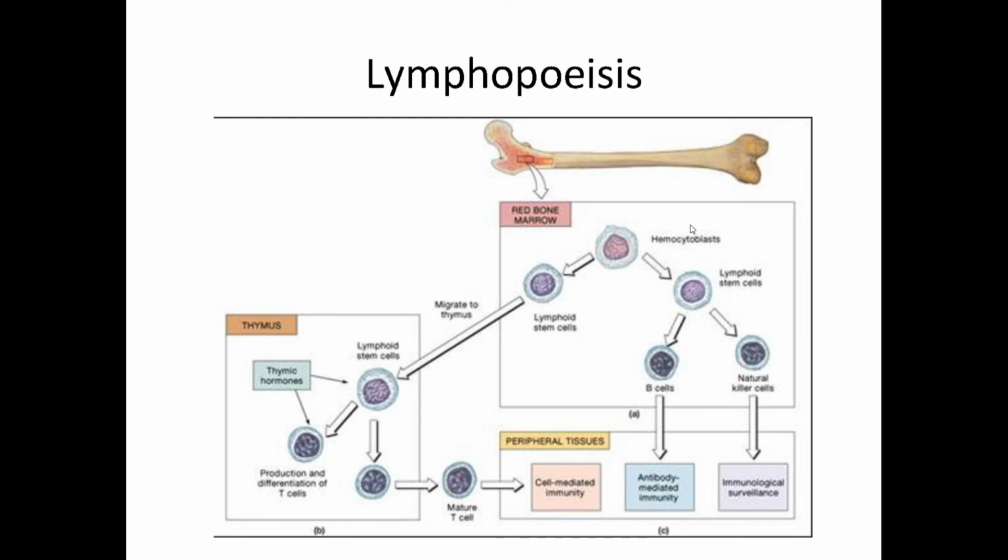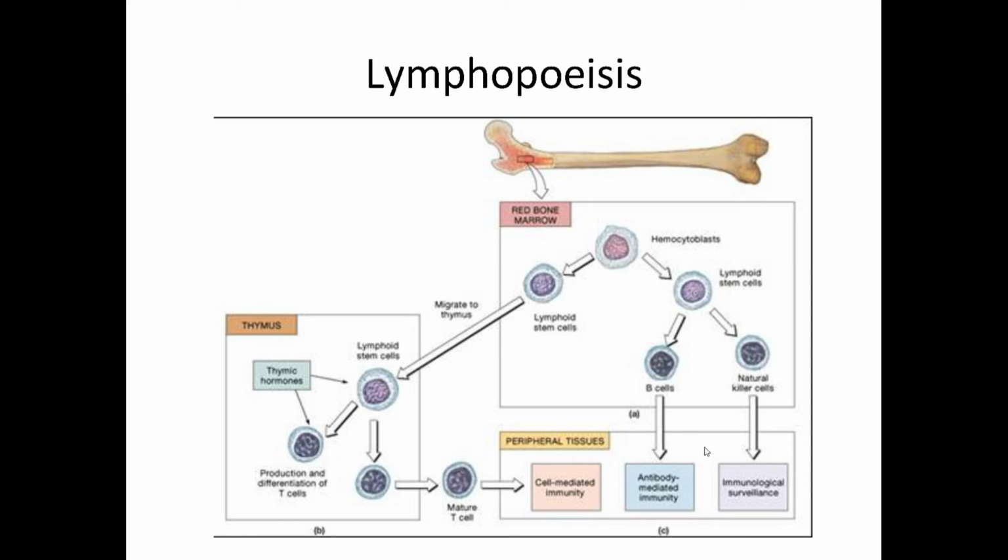So at this point, we're looking at stuff that's created from the lymphoid stem cells. We talked before about stuff that was created from the blood stem cells. So lymphoid stem cells, you have some that hang out in the red bone marrow along with the blood-producing stem cells. And these produce B cells and natural killer cells.